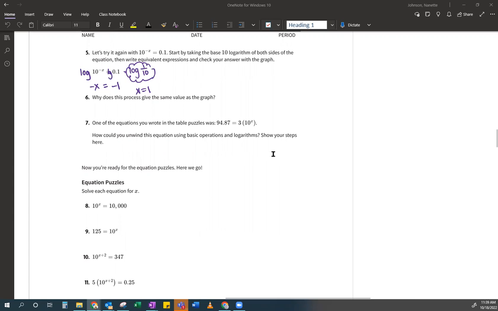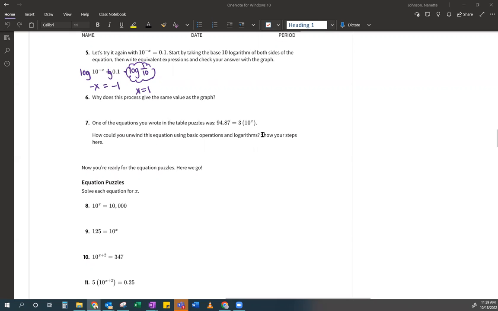Which part here, the 10 to the x part? That's not new. Yeah, it's this 3. I wish I could figure out what to do with that 3. Anybody have any suggestions? Yeah, you're going to just divide by 3.